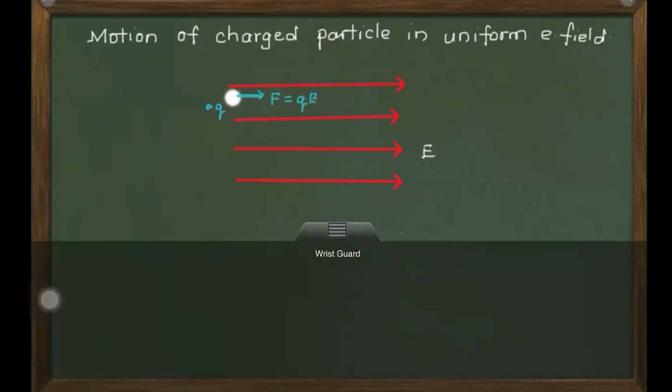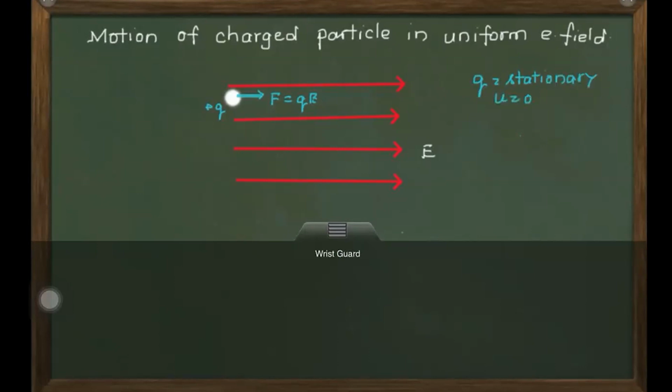I have told you that when you put a positive charge in a field, it will experience a force in the direction of the electric field. So what can we say here? Now, if I'm placing this charge, suppose this charge Q is stationary, it means U is 0.